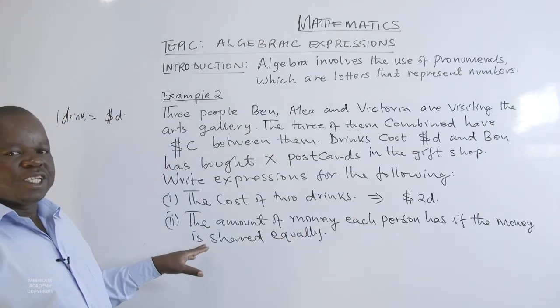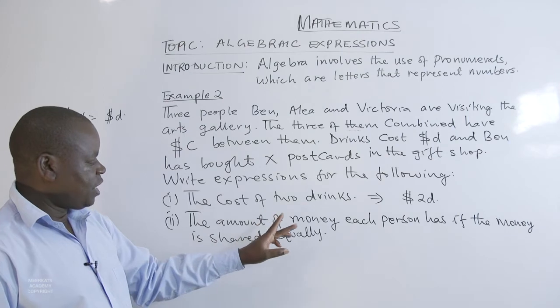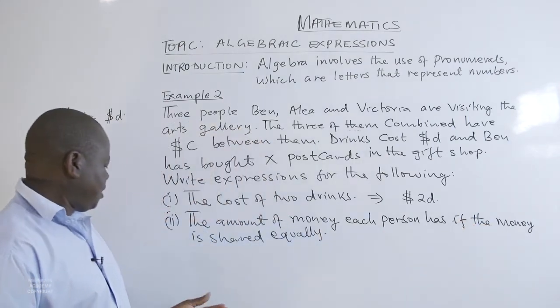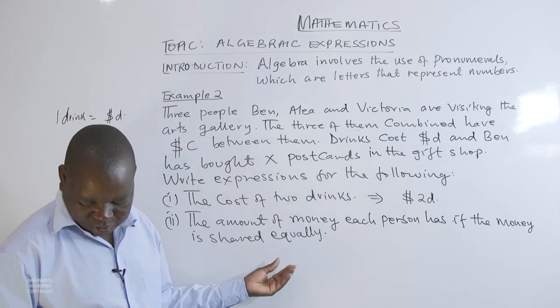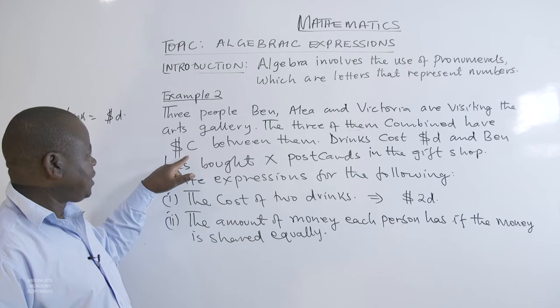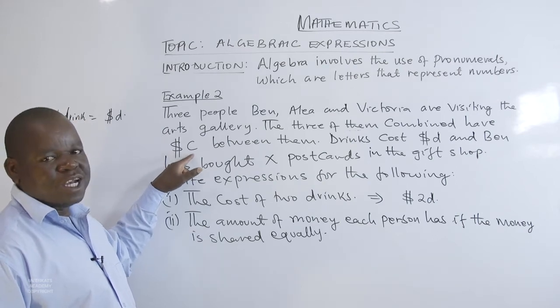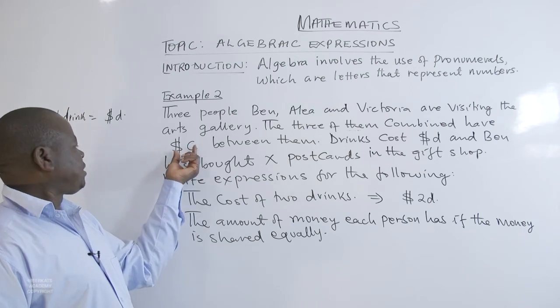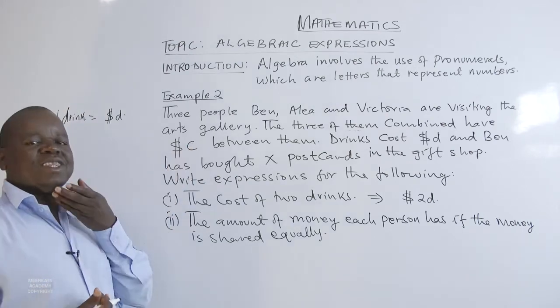Part 2 of the question says the amount of money each person has if the money is shared equally. Remember, we were told that the combined amount of money they have is C. But this is a total contribution of the 3.